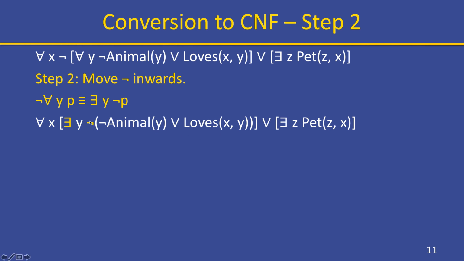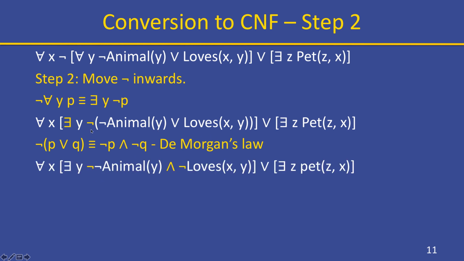Now we still have this not that needs to be pushed inwards, and this is where De Morgan's law is useful. We have not (P or Q) is equivalent to not P and not Q. So applying this, we get not animal y and not loves x y. Don't forget to replace the or with an and when you apply De Morgan's.